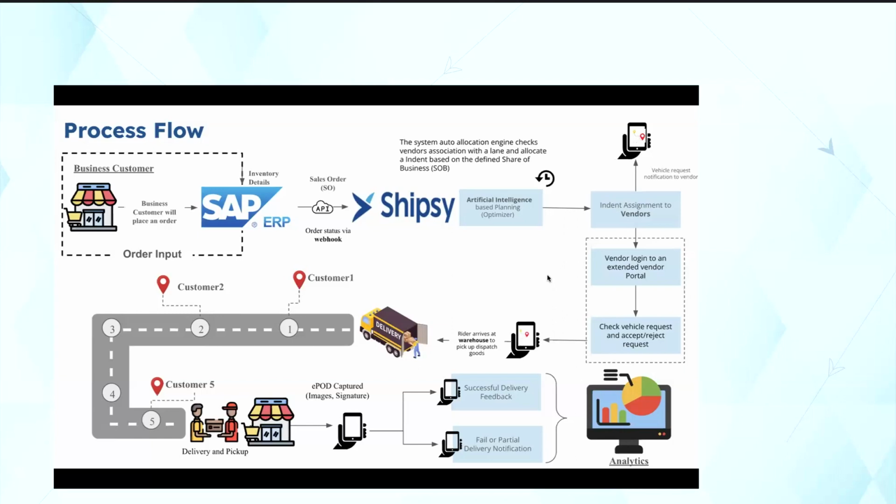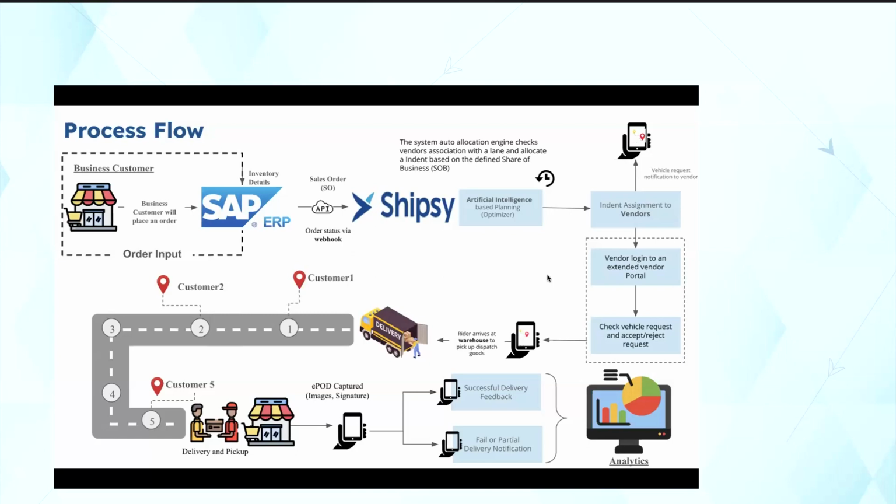So we offer a dynamic system. We offer multiple options for you to get the details from your ERP. The first and foremost method that we have is the API integration. We support real time integration. We already have APIs built into our system, and we can expose our API to any ERP system.